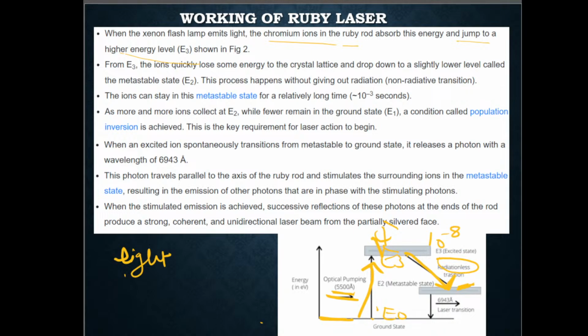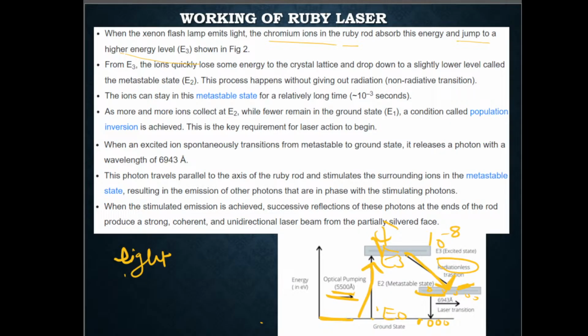Then we use the metastable state for population inversion. Whenever the number of atoms or ions accumulates in the metastable state, at that time, what happens? The population inversion condition will be acquired. That means the number of atoms in the metastable state is more than the number of atoms present in the ground state, right?